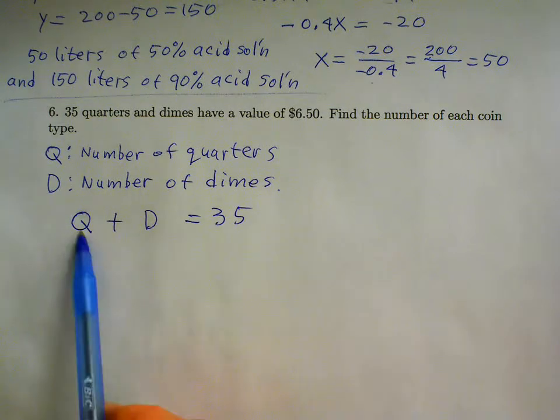Okay, so that's what we're doing here. Each of the quarters is worth $0.25.